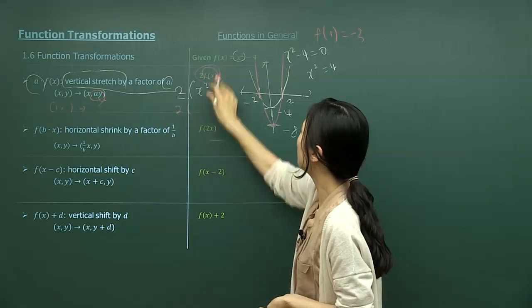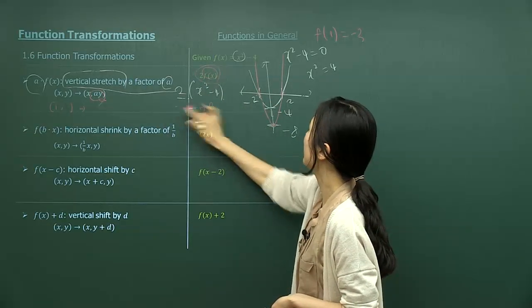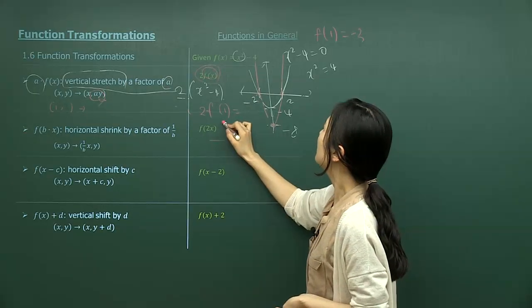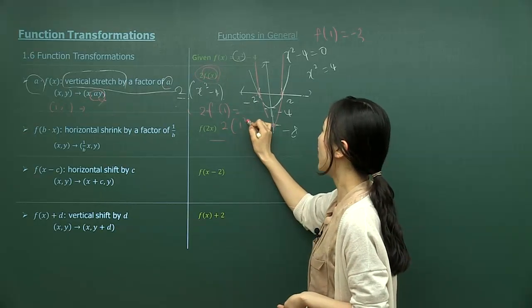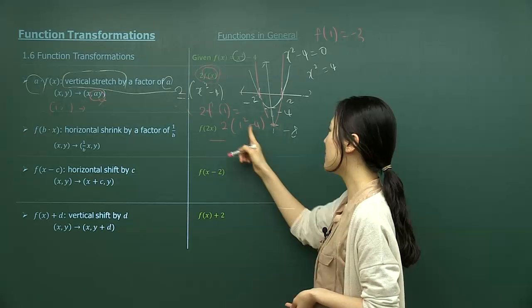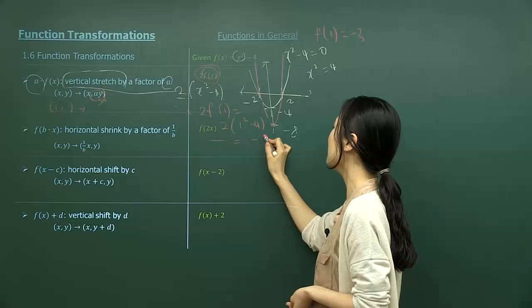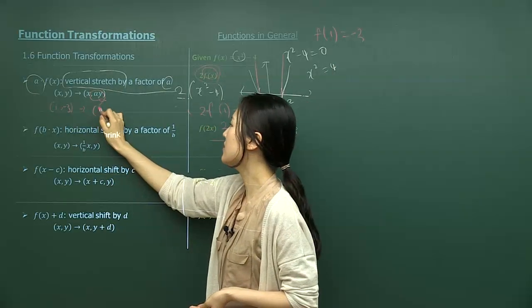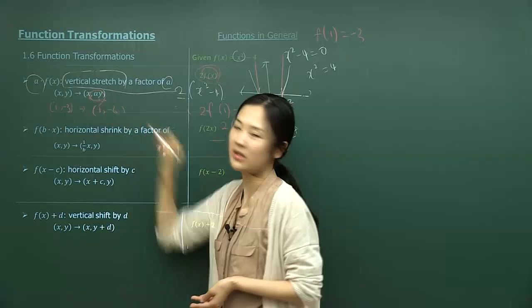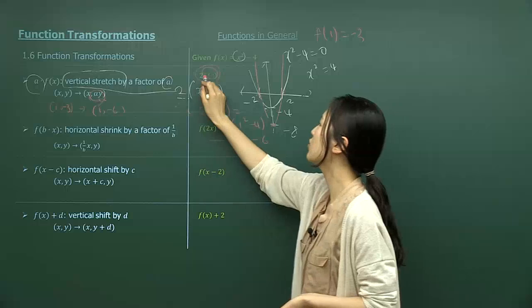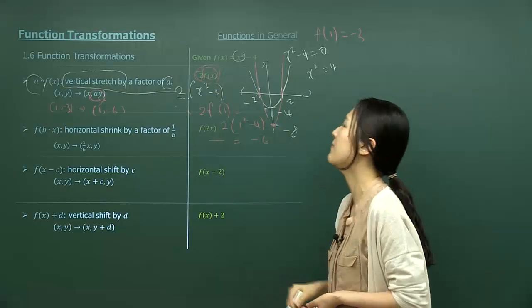But if you plug in 1 into 2f of x, then what do you get? You will be getting 2 times 1 squared minus 4. So what is that? You will be getting negative 3 times 2, hence negative 6. So as you can see, your negative 3 turns into negative 6. That's what it means. All right, your y values get doubled up because 2 is multiplied to f of x.